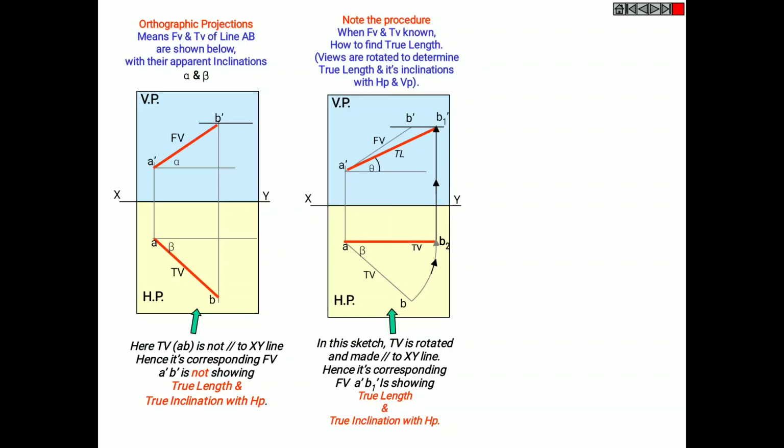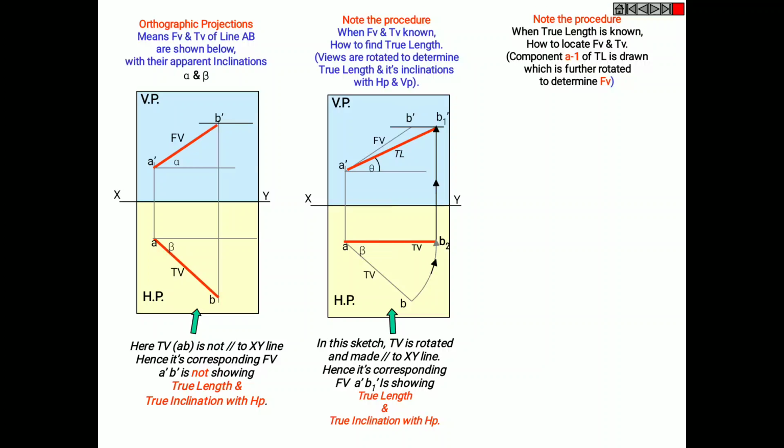In this case top view is rotated and made parallel to XY line, hence its corresponding front view A dash B1 dash is showing true length and true inclination with HP.